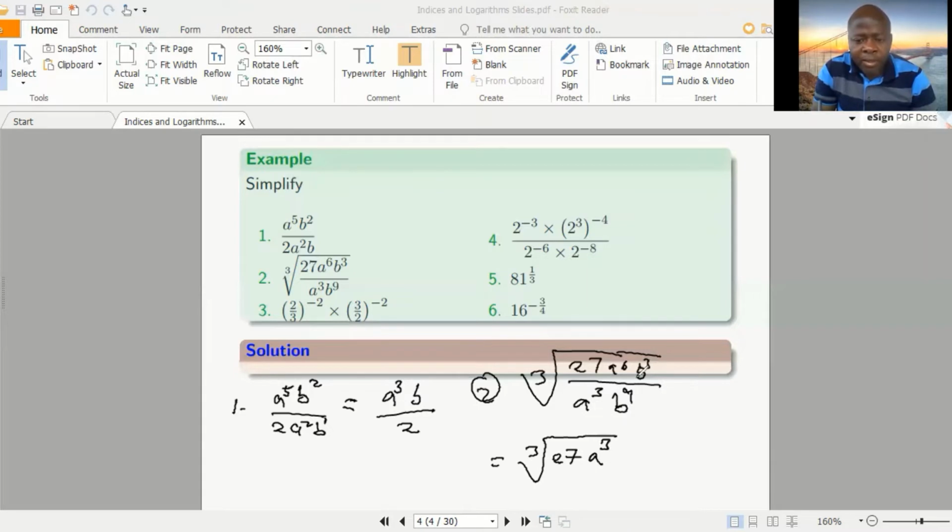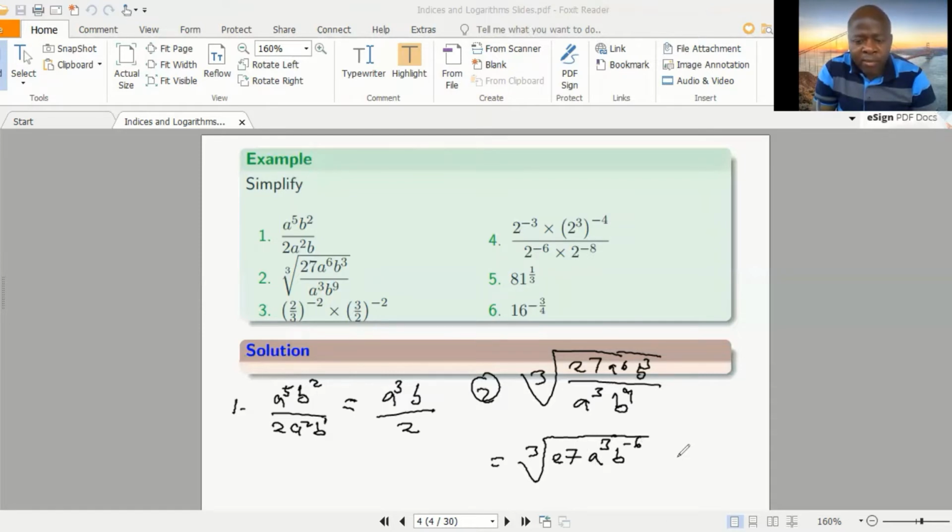B raised to 3 minus 9 would be b raised to negative 6. Then I get the cube root. That means multiply this power here by a third and this other power by a third. And you know that the 27 is the same as 3 raised to 3.